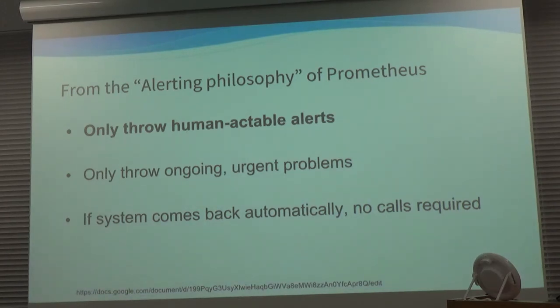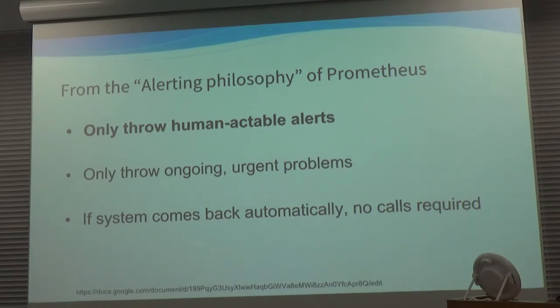And in Prometheus, there's an alerting philosophy. There are many great things in this philosophy, but one thing that I want to show you is this policy. Only throw human-actionable alerts, which means if any alert comes, then a human must move and do something.